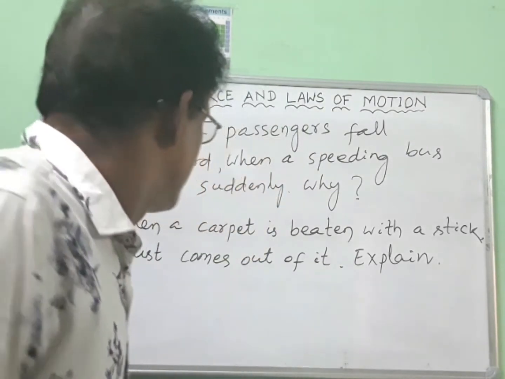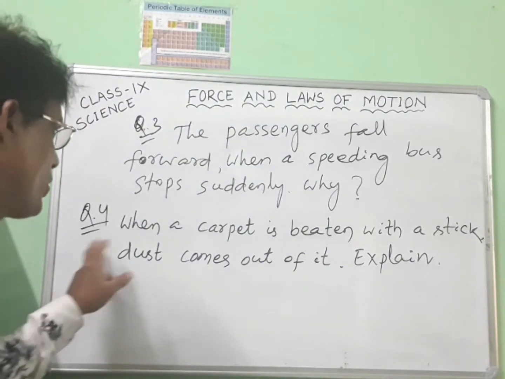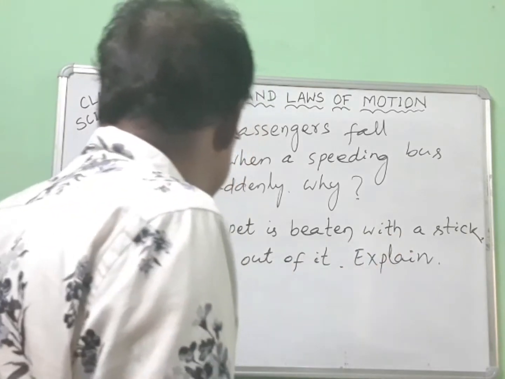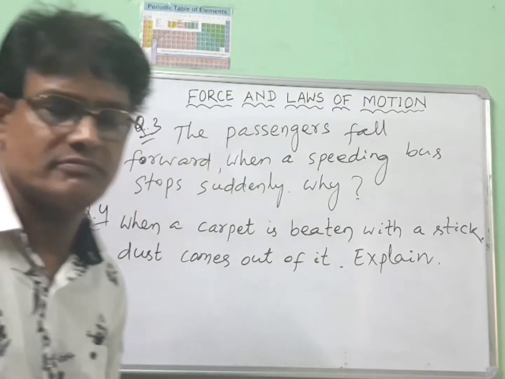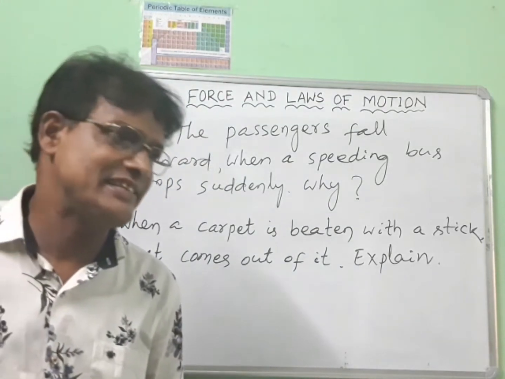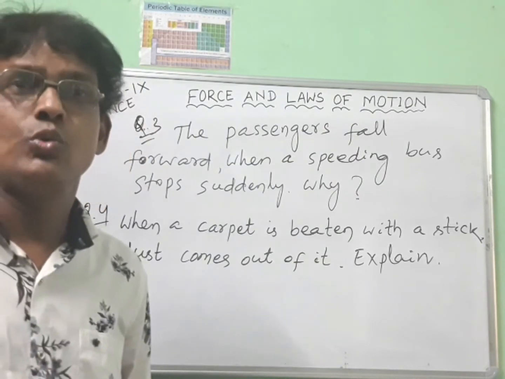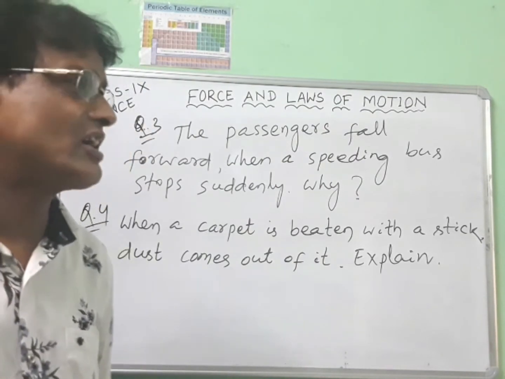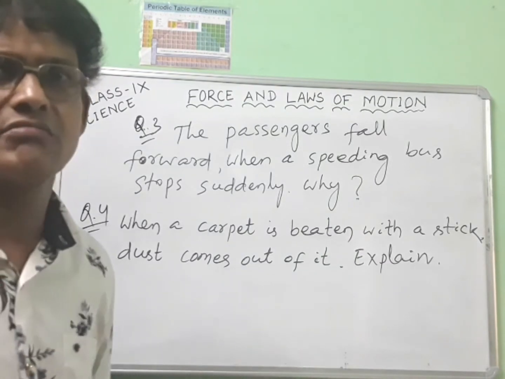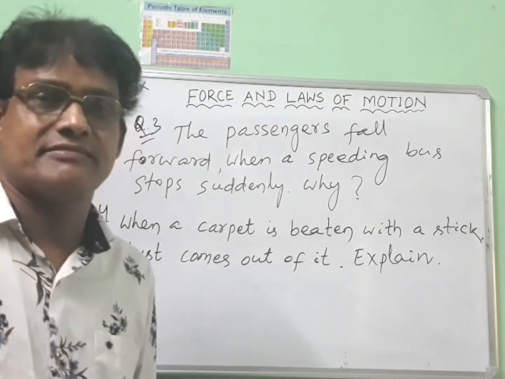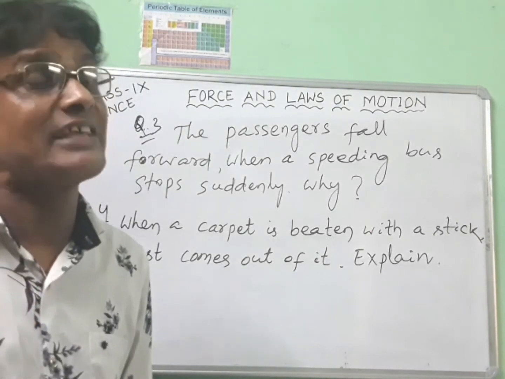Next, important question number 4. When a carpet is beaten with a stick, dust comes out of it. Explain. The answer is like this: when we beat the carpet with a stick, the carpet comes into motion, while the dust particles tend to remain at rest due to inertia of rest.